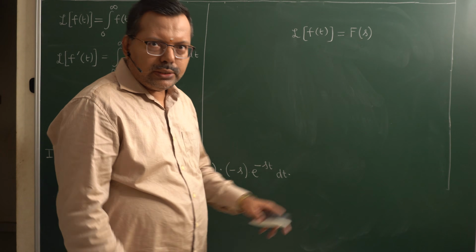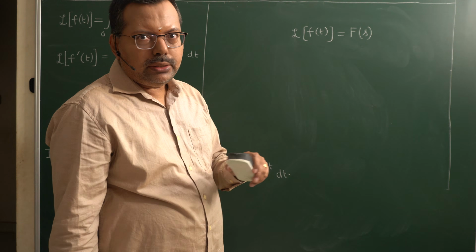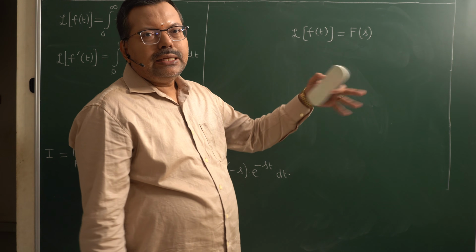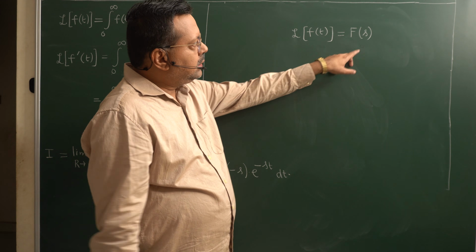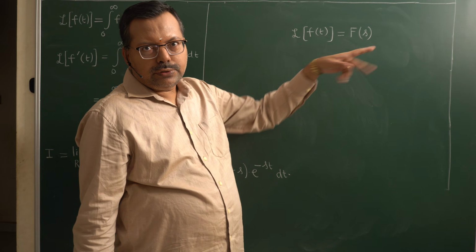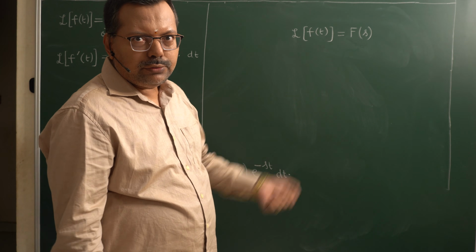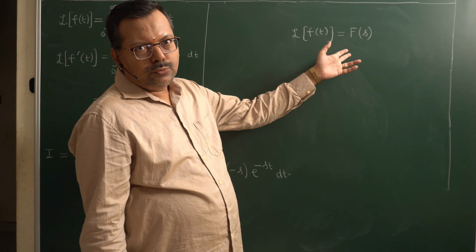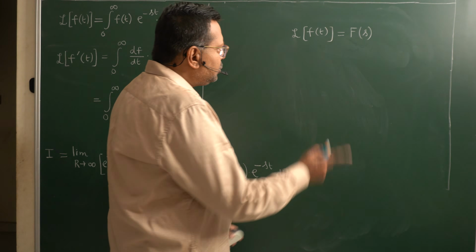That we have already done. But there is a fundamental requirement on the nature of F of s, what we call its asymptotic behavior. Asymptotic behavior means how the function capital F of s should behave in the limit of s approaching infinity. That is called a well-behaved function. Only then can we accept that function as the Laplace transform. So the conditions are there.